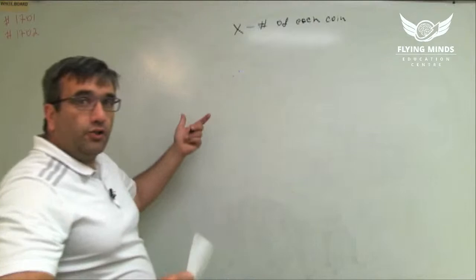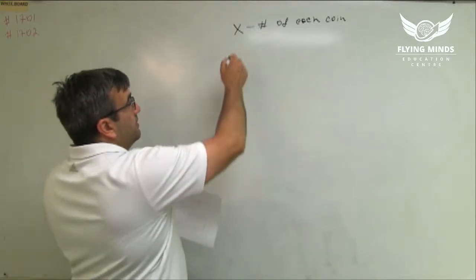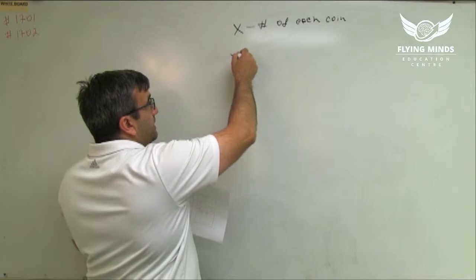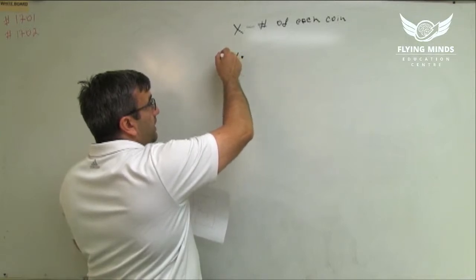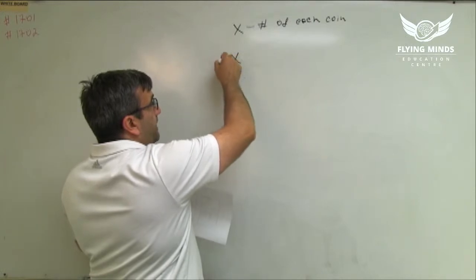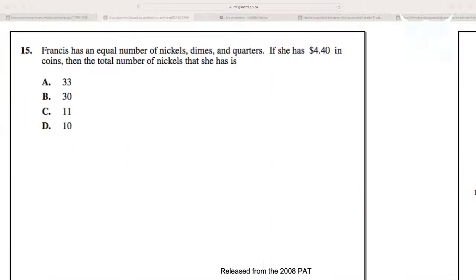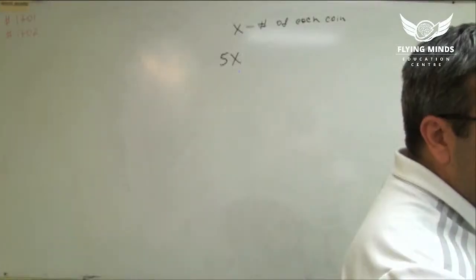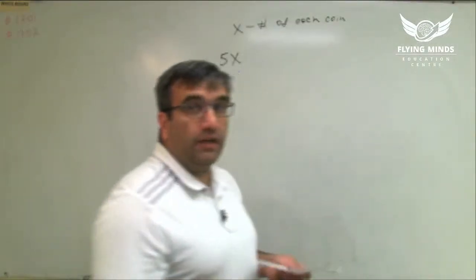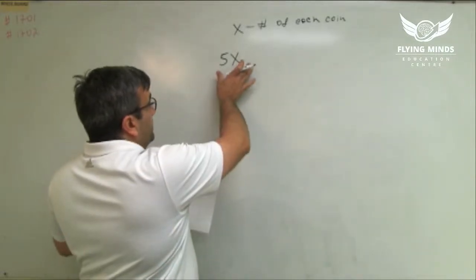Okay, so how to calculate the value of nickels? It will be x times 5, or 5x. And I want to do everything in cents, because I don't want to deal with decimals. So $4.40 will be 440 cents. Okay, let's get back.